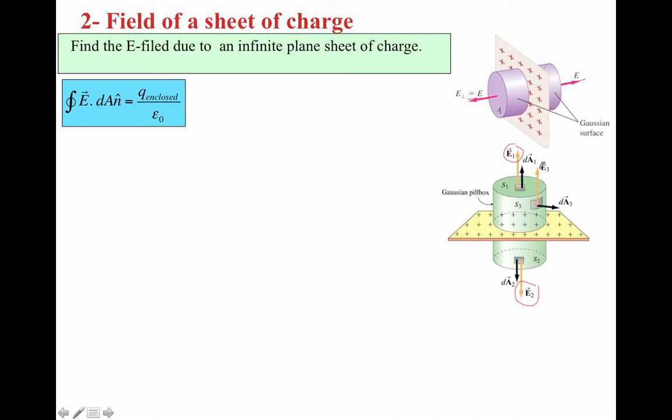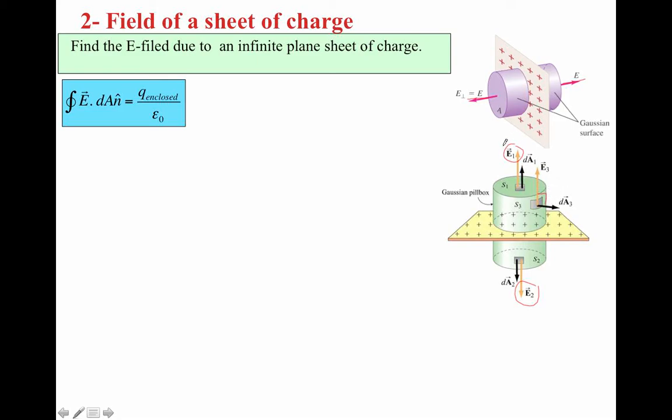You notice that the angle between E1 and dA1 is 0, so the cosine is 1, and the same for the angle between E2 and dA2. The angle on the curved side is 90, so the cosine is 0.